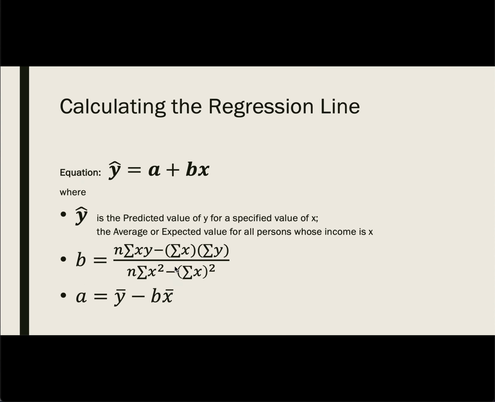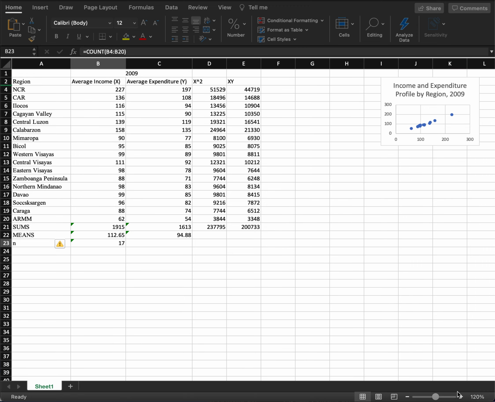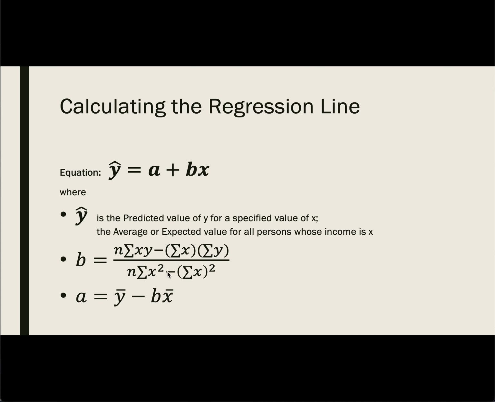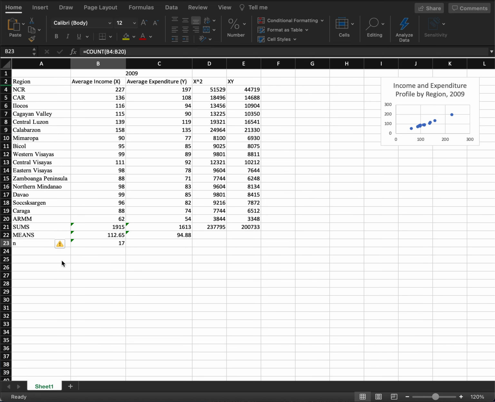Okay, so meaning from here we're going to make use of the formula of b. Formula of b is this one. So as you can see, that's n times the summation of x times y minus summation of x times summation of y, all over n times the summation of x squared minus summation of x quantity squared. So sorry, can I take a note on that? I have my notes here also, so take a screenshot. Again, then let's follow that. Let's make use of this formula here.